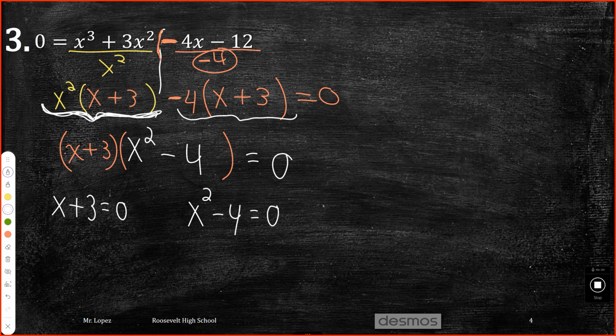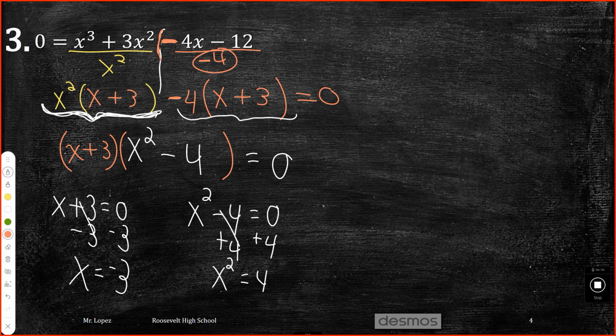All right. How do we solve this first one? Minus 3. And we're going to get x equals what? Negative 3. And how do we solve this one? Plus 4. X squared equals 4. Now what do I do to get the x by itself?